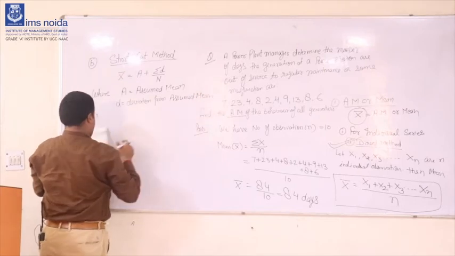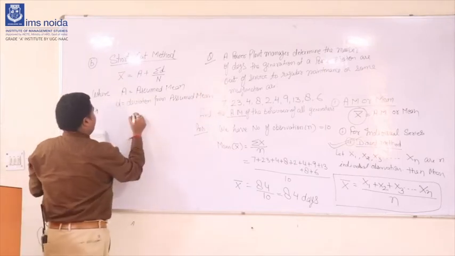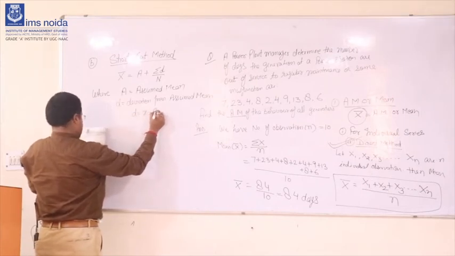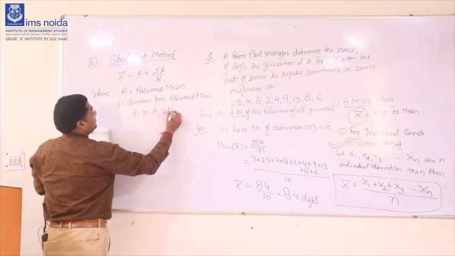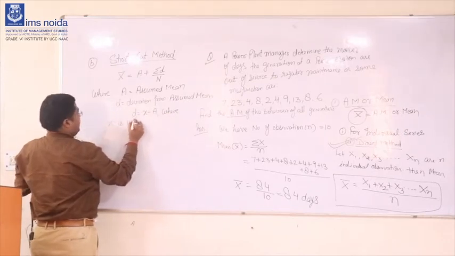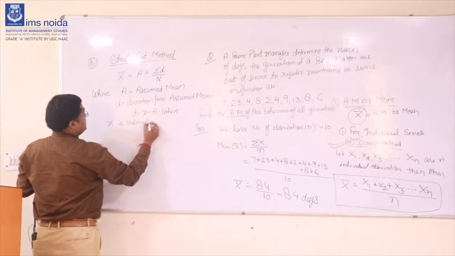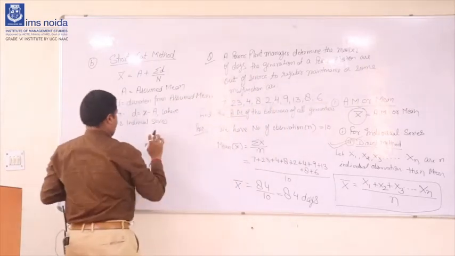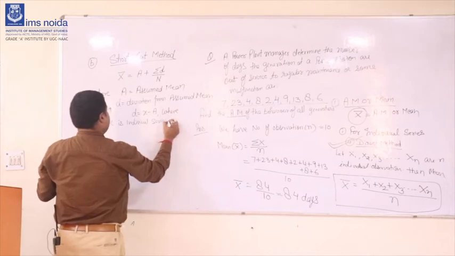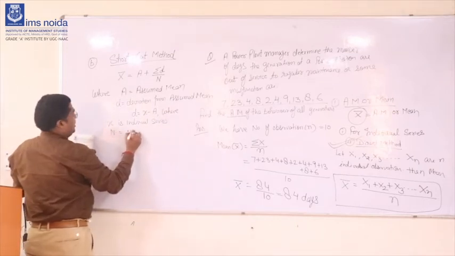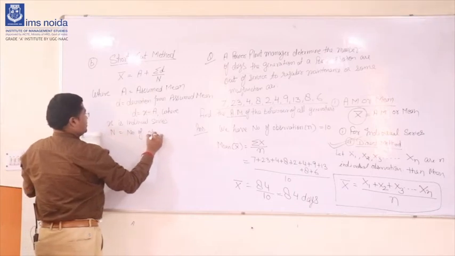What is the meaning of deviation? Deviation means X minus A, where X is the individual series, and N is the number of observations.